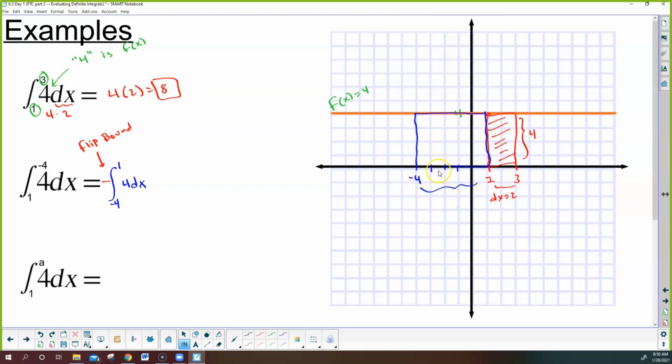What is the dx, the change in x? Well, you could count 1, 2, 3, 4, 5, or you could do 1 minus -4 and still get 5. So dx is 5. Now notice, because this is a linear function, the height of this rectangle is still 4. So my answer here would be 4 times 5, which is 20.